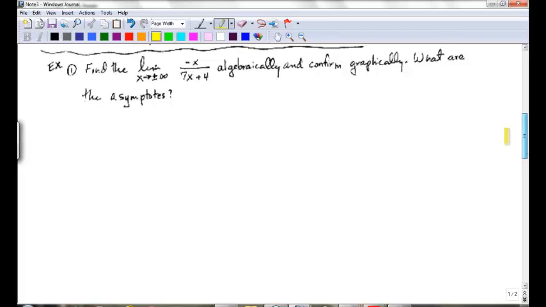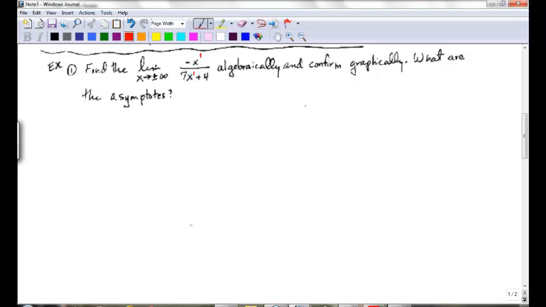Okay, first problem. Let's go through this together. It says find the limit of negative x over 7x plus 4 as x approaches positive or negative infinity. Do it algebraically and then confirm it graphically. Algebraically, you look at the degrees.